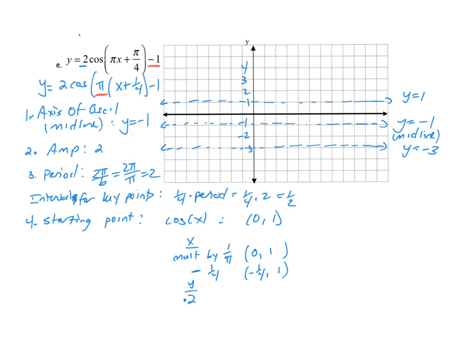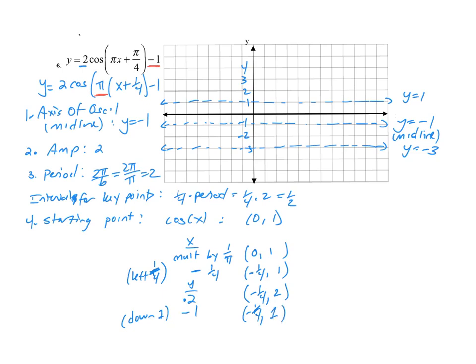So for y values, we're going to subtract 1. This is because it's down 1. And this one up here was left 1/4. So now let's see what happens to the point. y used to be 1. We multiply by 2. We get 2. And then we subtract 1 from 2. So our starting point is -1/4, 1.